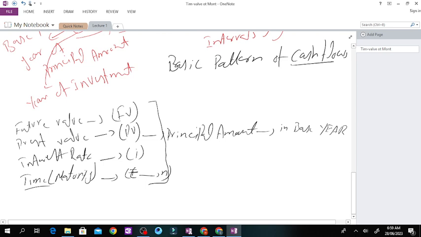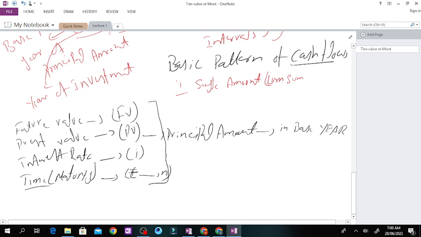So what we were saying, we were understanding the basic pattern of the cash flow. Number one, we have a single amount. The amount you will get as a lump sum after a specific time period.